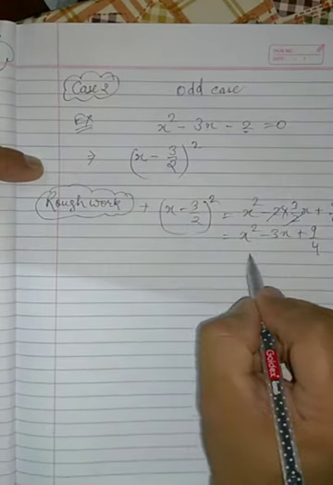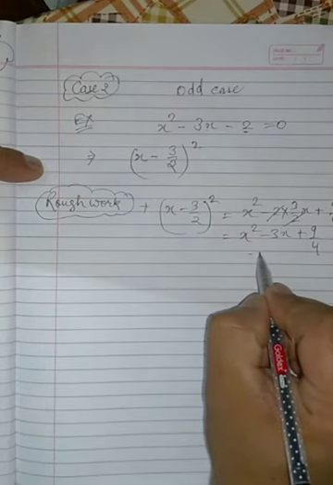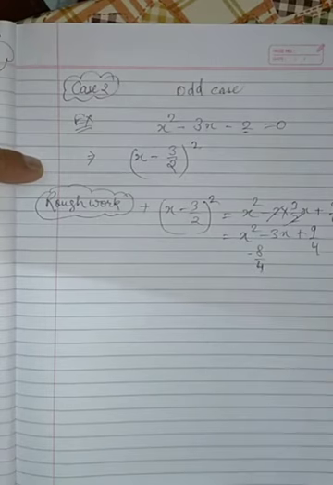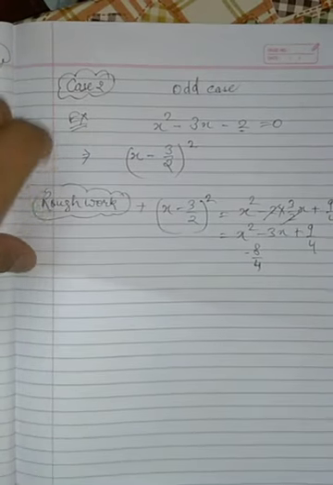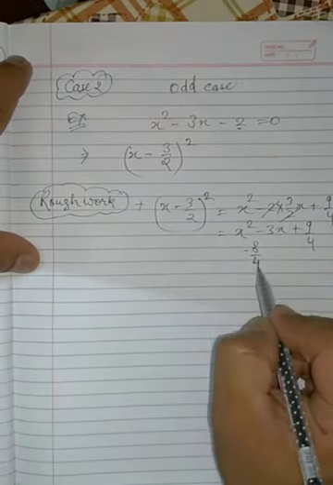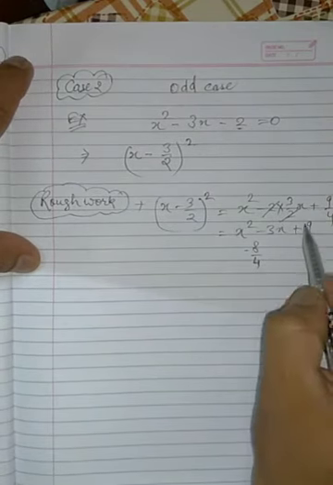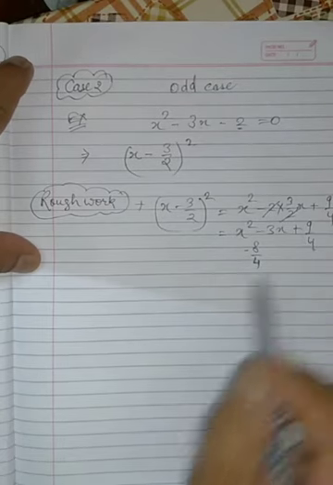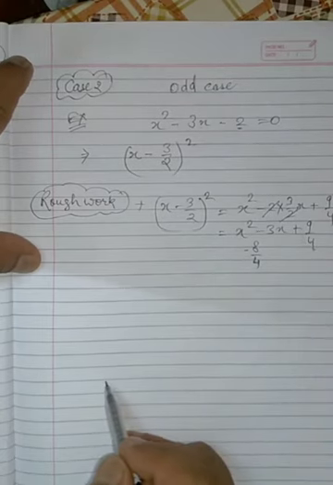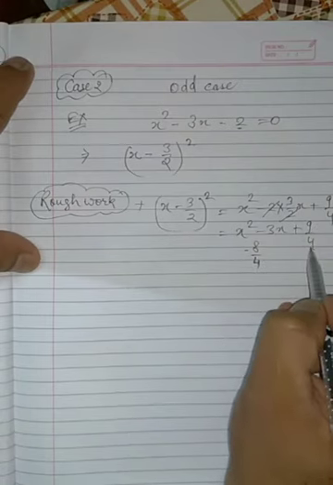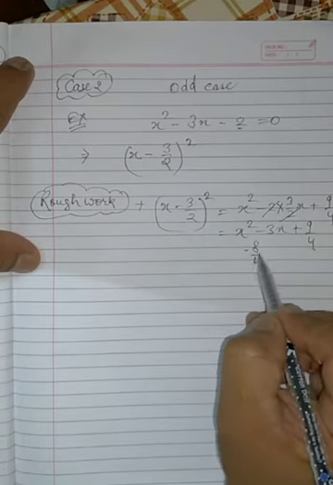So minus 2 can be written as minus 8 upon 4, right? Because minus 8 upon 4 is equal to minus 2. And why are we doing this? Because in this number we have denominator 4. Now, how to convert this 9 upon 4 into minus 8 upon 4?